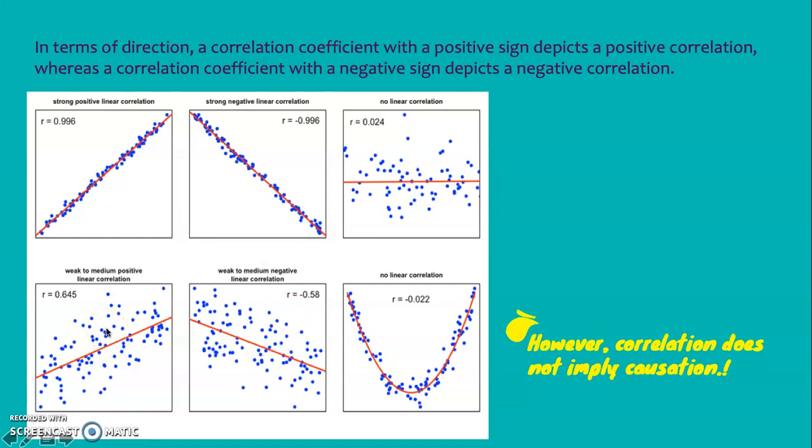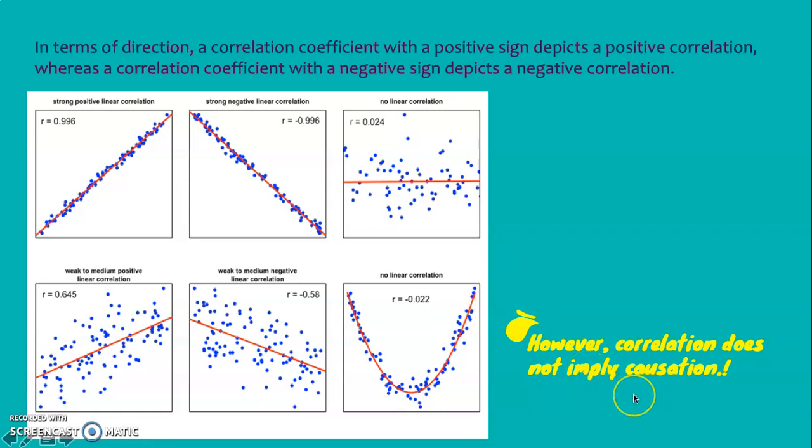If the dots are far away from your negative linear correlation line, it shows you that there is a weak to medium negative correlation. Lastly, if your graph shows you a curve instead of a line, it tells you outrightly that there is no linear correlation whatsoever between your variables.